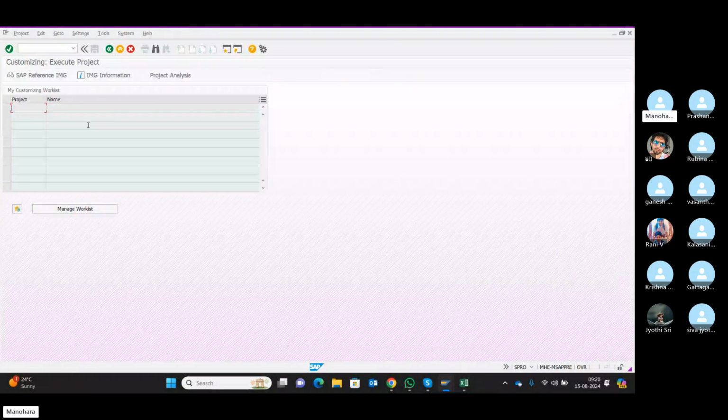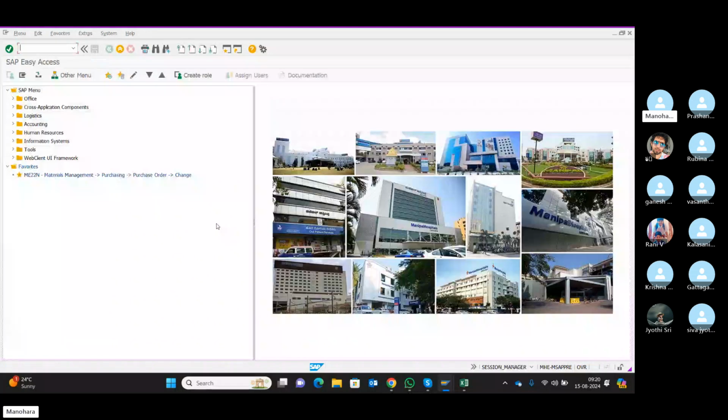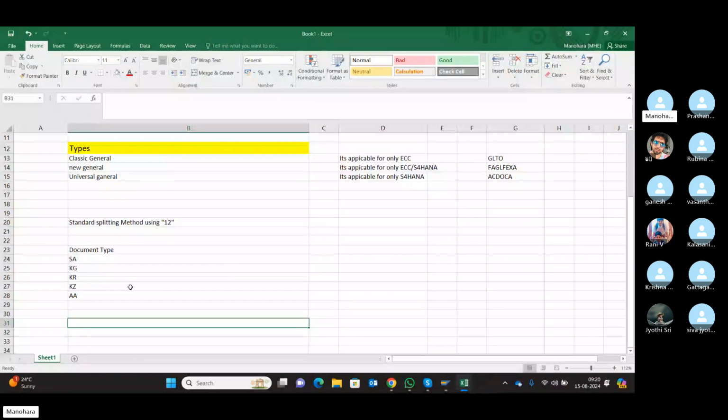So one more thing about the document splitting concept.